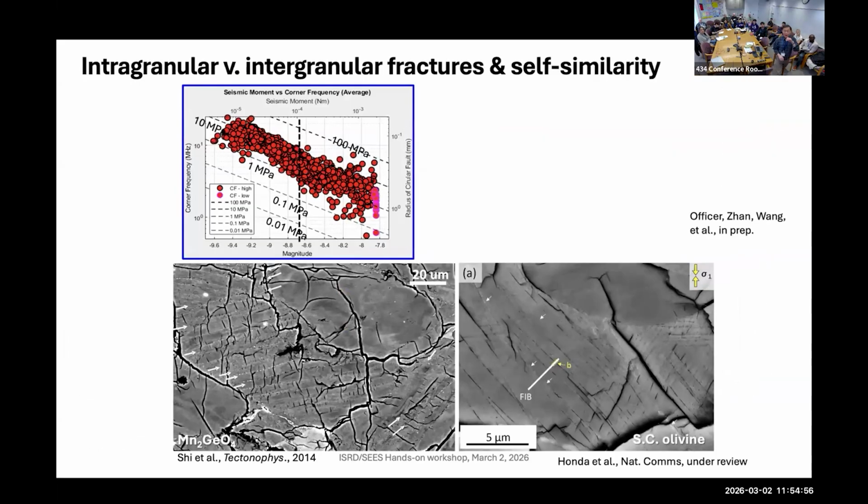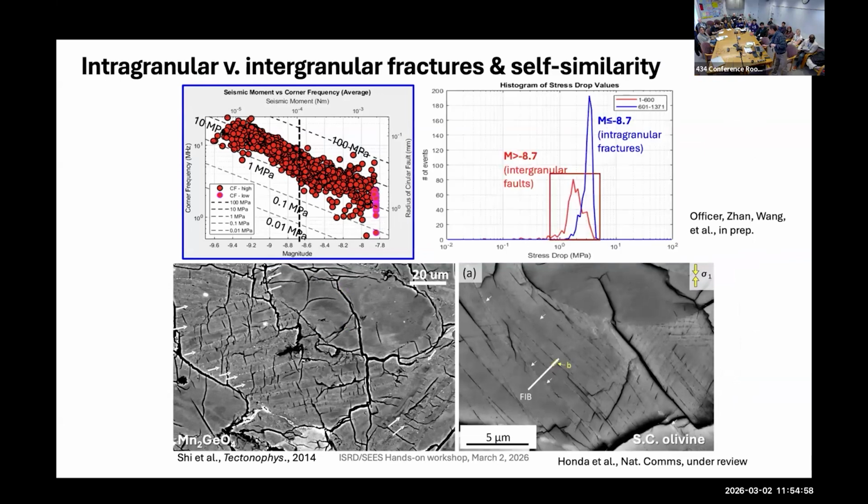And so, in fact, if you look at more details, below a critical magnitude, the stress drop is lower, whereas in the other way around. Sorry, below this magnitude, the stress drop is higher in amplitude.